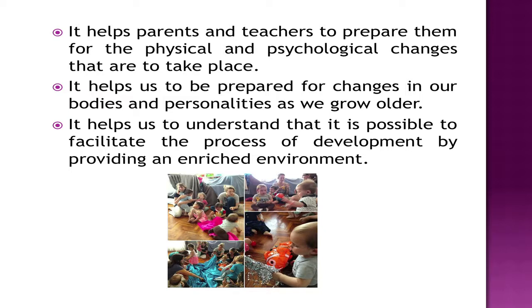Number 4, it helps us to be prepared for changes in our bodies and personalities as we grow older. Number 5, it helps us to understand that it is possible to facilitate the process of development by providing an enriched environment. This is all about the concept of development.